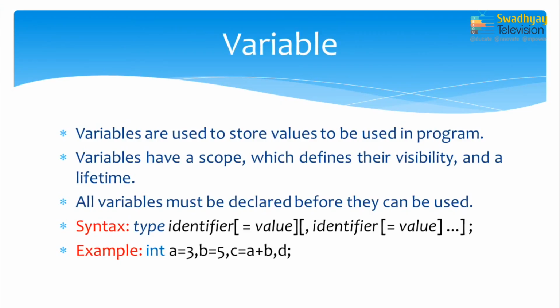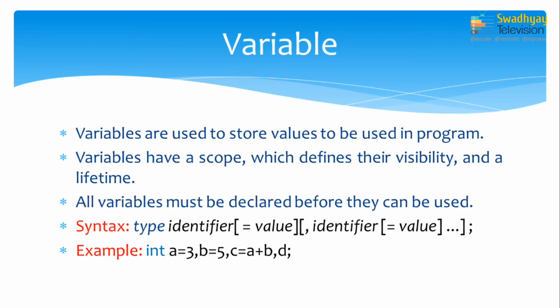Here we have integer a is equal to 3, b is equal to 5, c is equal to a plus b, and d is uninitialized. When this statement is encountered, the compiler will reserve 32 bits for the integer value and store 3 in it. Similarly, for b it also reserves 32 bits of memory and stores 5 in that. Now, c is initialized to the sum of a plus b.